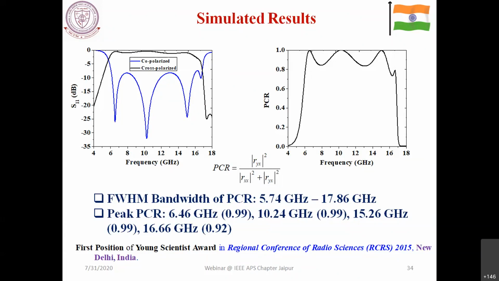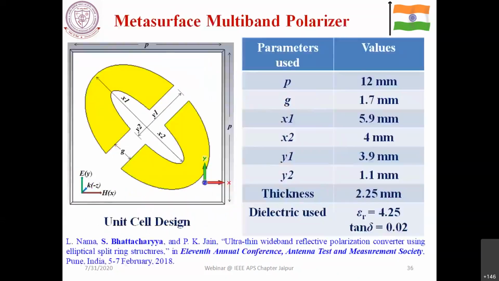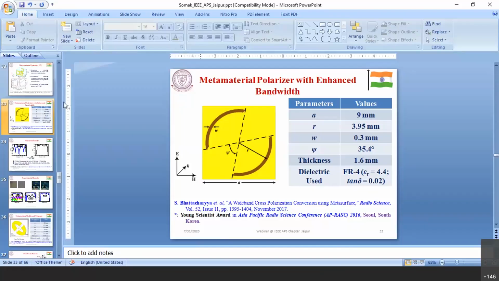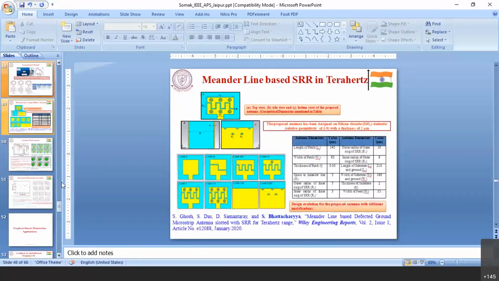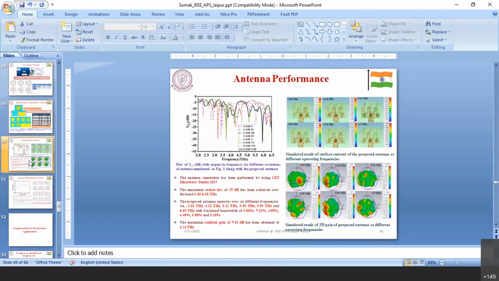The next question is, please suggest how to increase the bandwidth while making a meander line antenna. Well, with the meander line antenna, first of all, we have not increased any kind of bandwidth. Rather, if you can see, we made an antenna operating at multi-band frequencies.